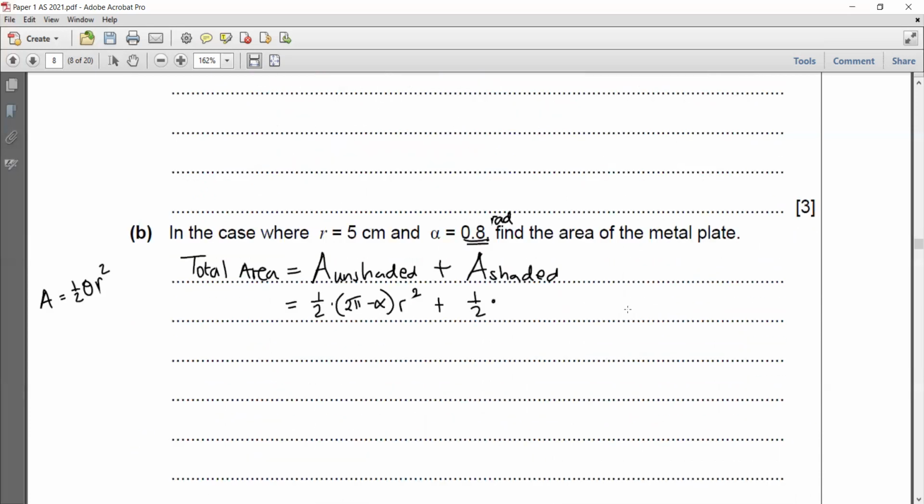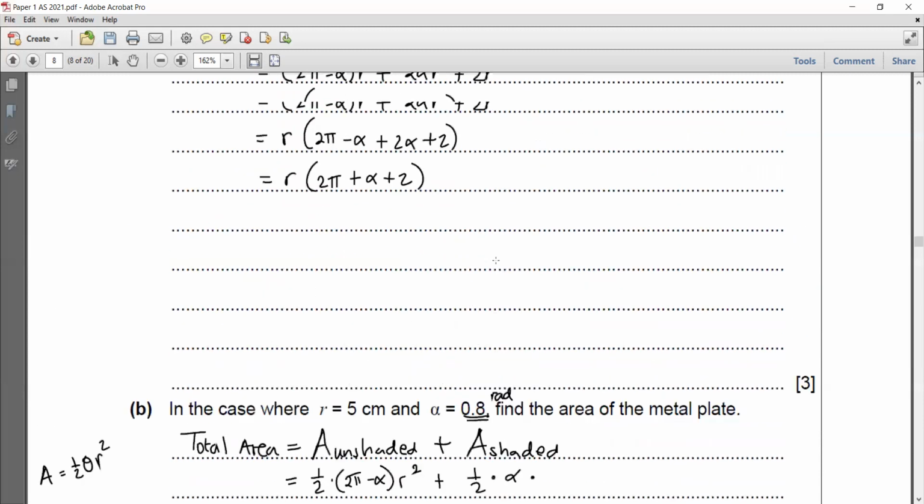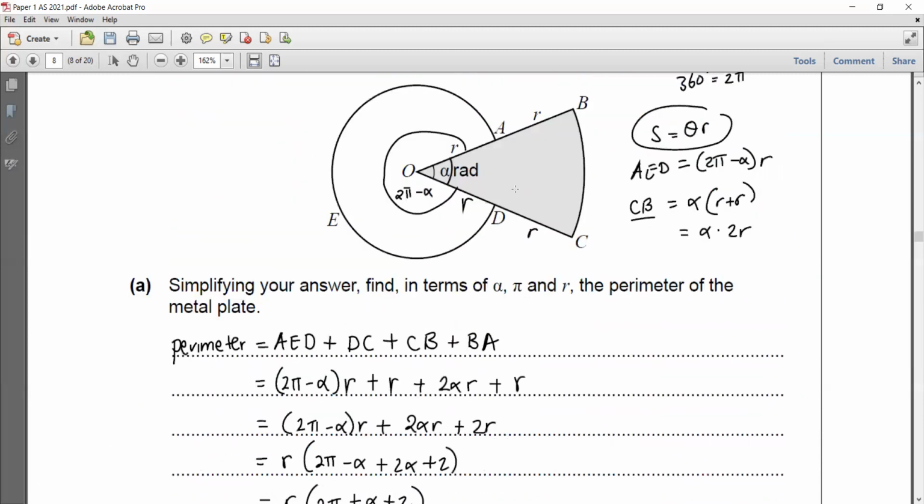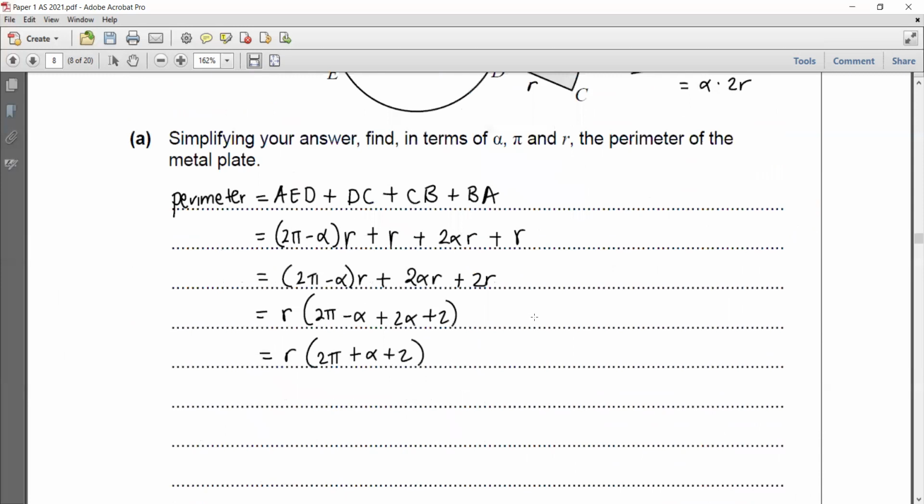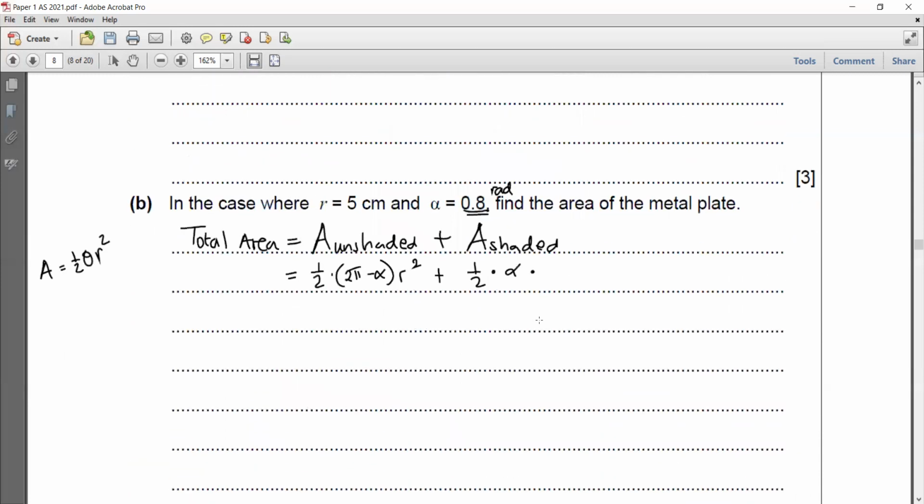So it's half times alpha, and then multiplied by the radius squared. What is the radius of this shaded? We said it's r plus r, which is 2r. So I'm going to multiply that by 2r squared. Okay, so now I can substitute r is 5 and alpha is 0.8.